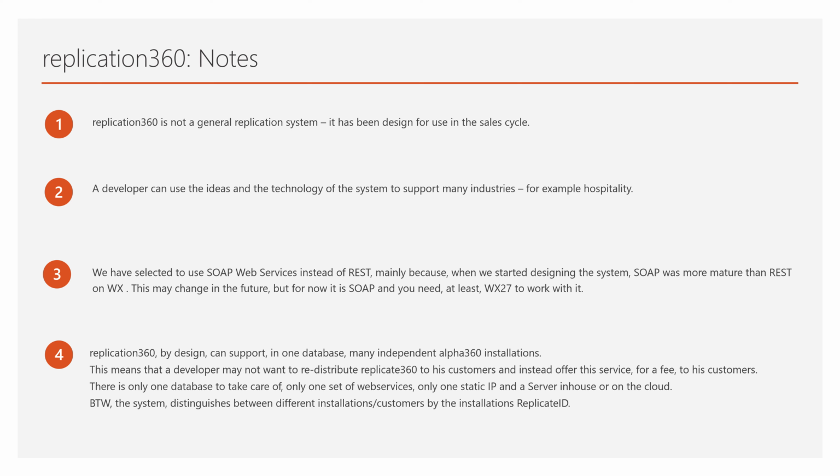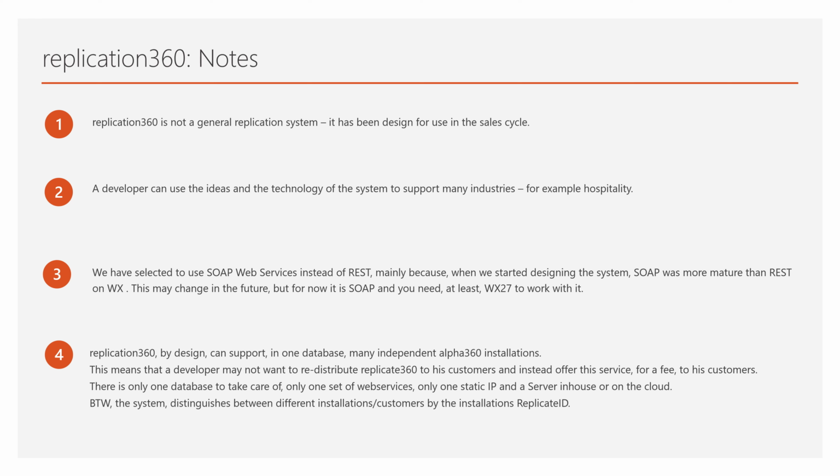4. Replicate 360 by design can support in one database many independent alpha360 installations. That means many customers. A developer may not want to redistribute Replicate 360 to his customers and instead offer this service and the database for a fee to his customers.